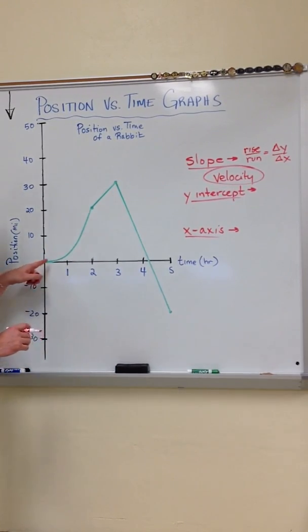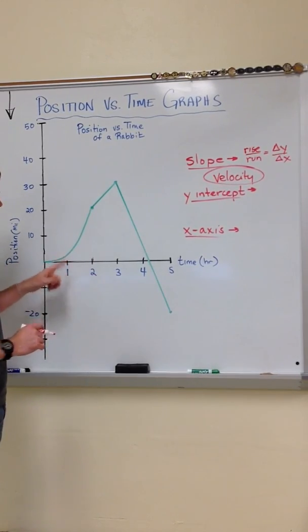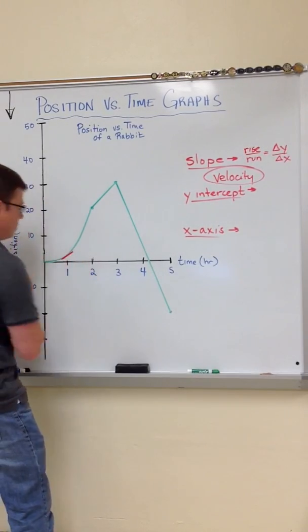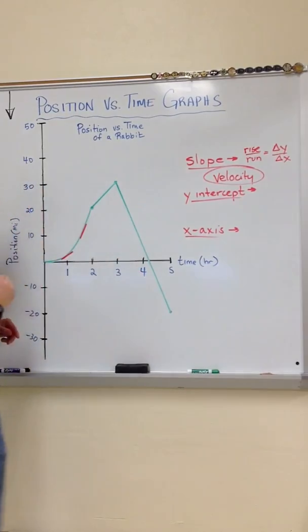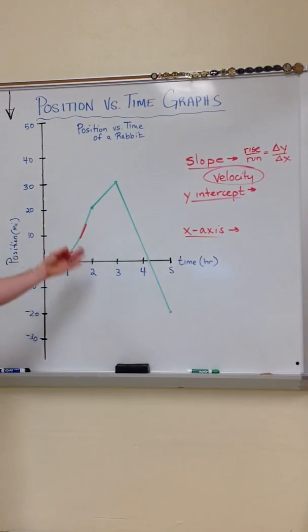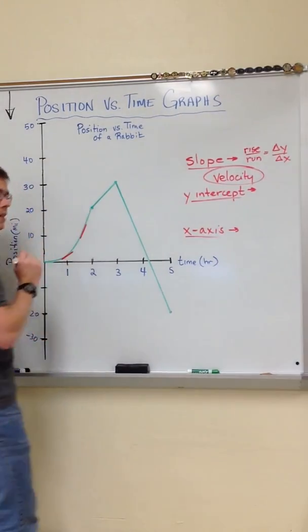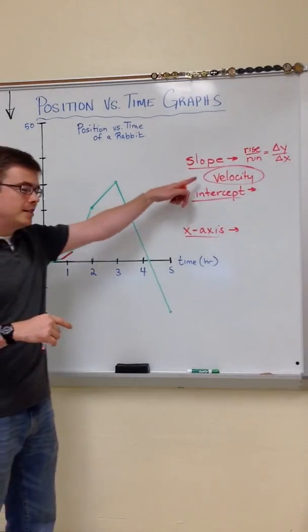So if we look at this, in the first 2 hours, the slope is not constant. The slope at 1 hour is not as steep or not as positive as the slope at 1.6 hours, let's say. See how the slope is gradually increasing? If the slope is increasing, the velocity is increasing.